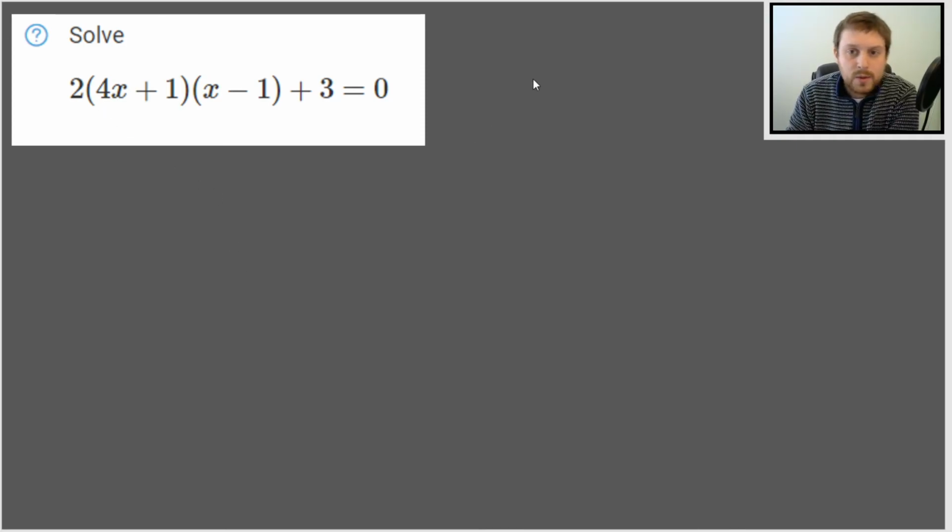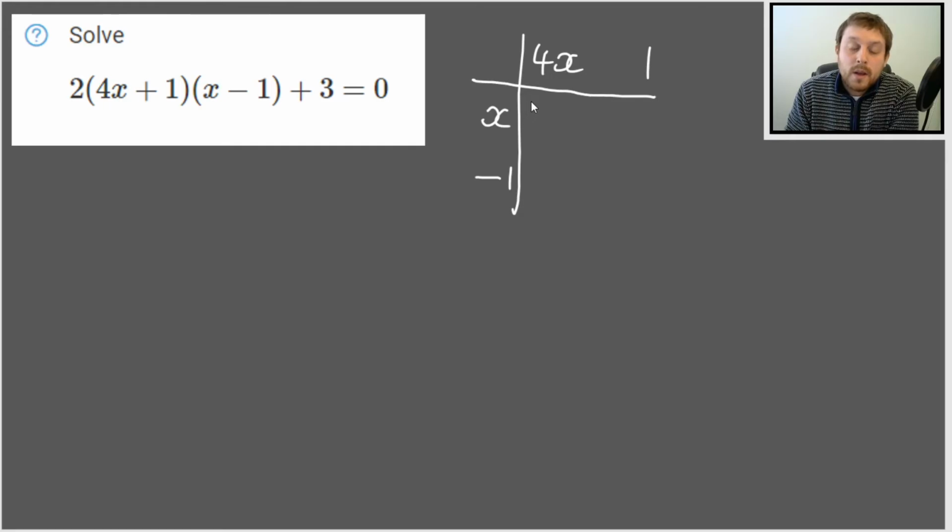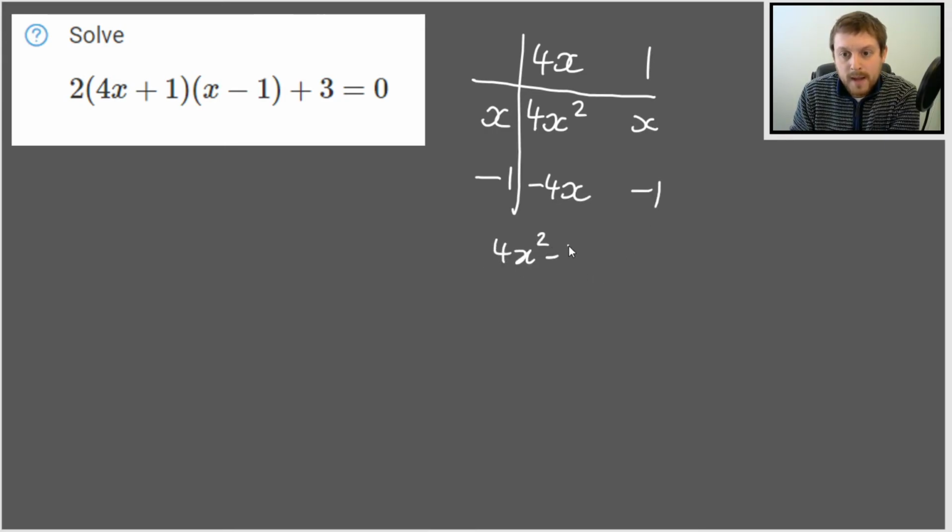So I'm going to do a grid method on 4x plus 1 and x minus 1. So I have 4x squared, x, minus 4x and minus 1. So I get 4x squared minus 3x minus 1. But I've got 2 of those, right? I've got double that.